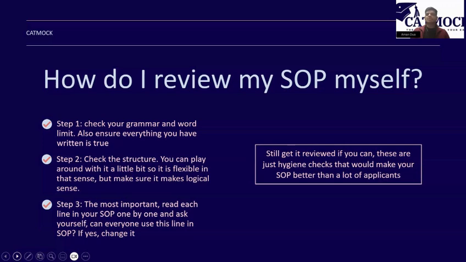The last thing is check the structure. We have already discussed structure in the previous slides. You need to make sure that there is a logical structure to your sentences. It can be mixed up. Maybe your why MBA and your introduction are going together because you have something interesting to say in it. But make sure there is a logical sense in what you say.